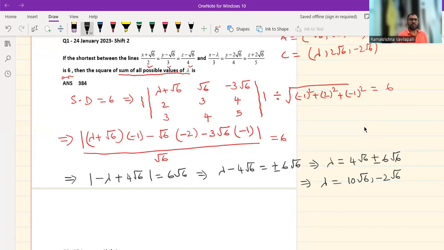What is the sum of square? See, then square of sum of all possible values, not sum of squares. Square of sum of all possible values of lambda.